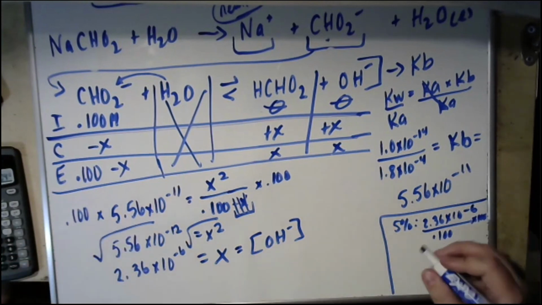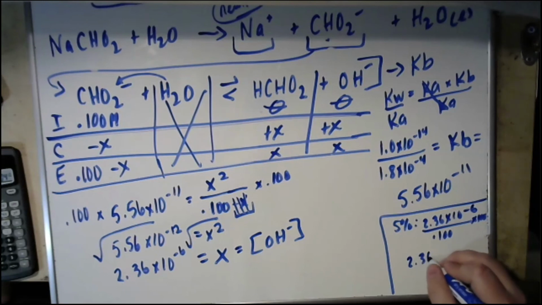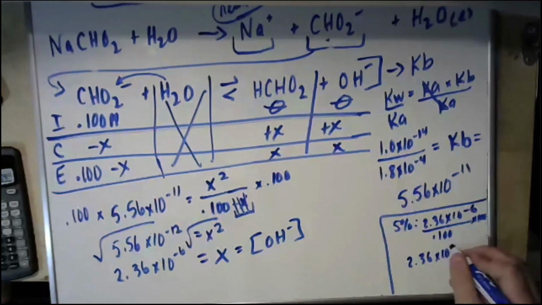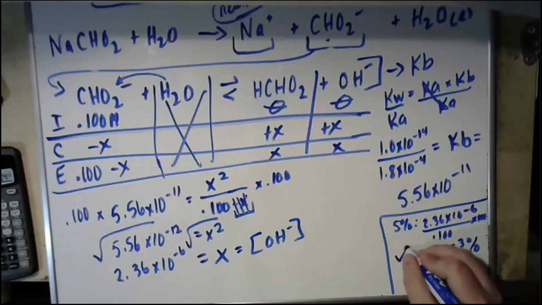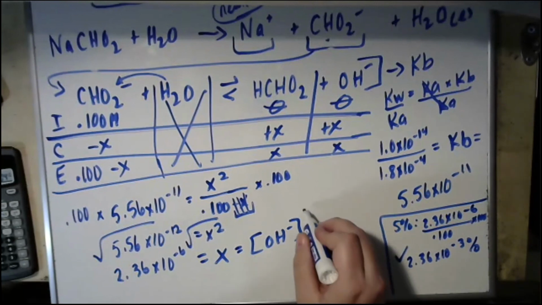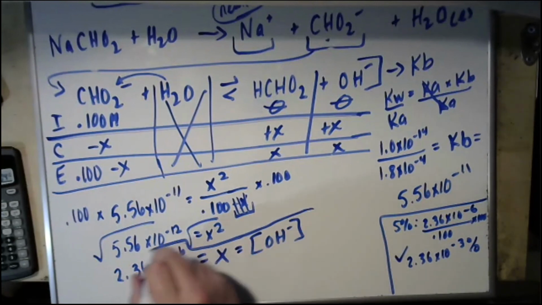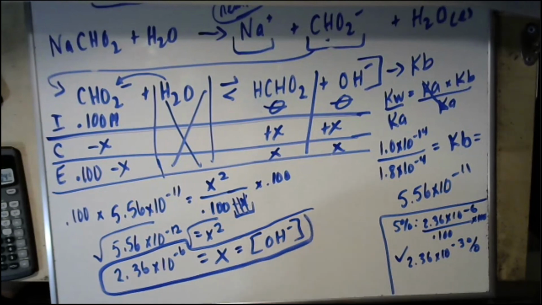And we get 2.36 times 10 to the negative 3%. So that checks out. That means that we can use this value here for our hydroxide ion value. And that means that we can use it to solve for pOH and then pH.